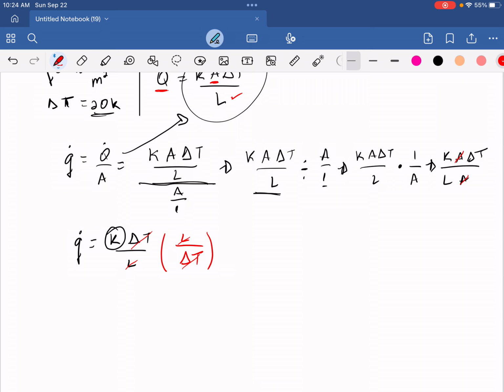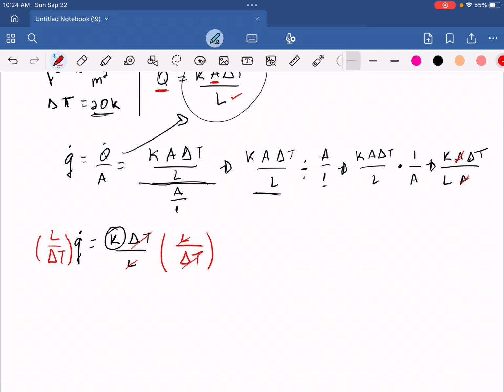Now, whatever I do on one side of the equation, I have to do on the other side. So I need to multiply this side by the same thing.